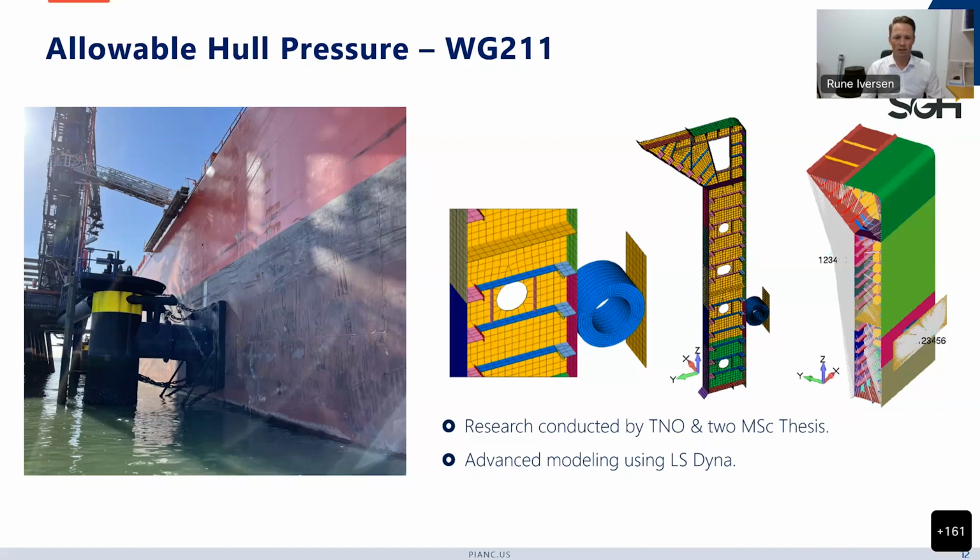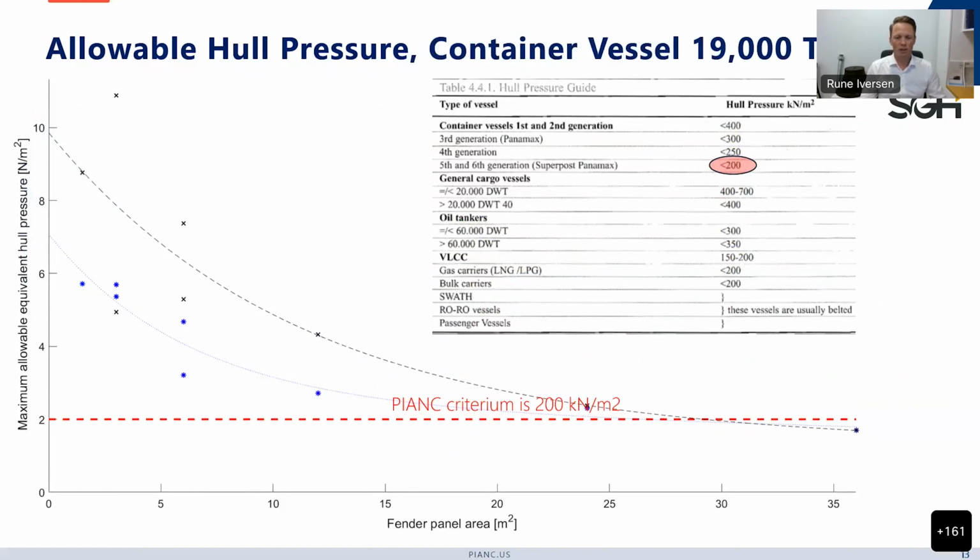So we did. There's been a fair amount of work performed on hull pressure to make sure that we understand these numbers properly. This shows a quick example on some numbers and some calculations that were done for ultra-large container vessels, 19,000 TEUs and above, and the published criteria is 200 kilonewtons per meter squared for these fenders.